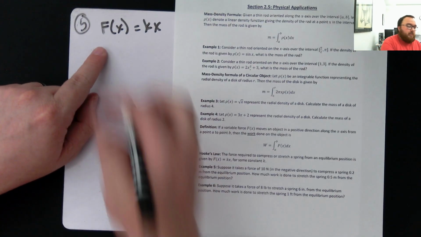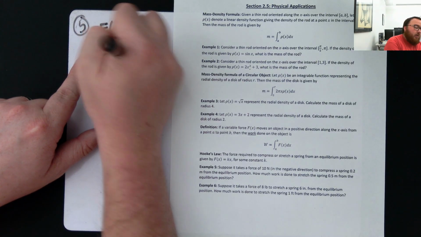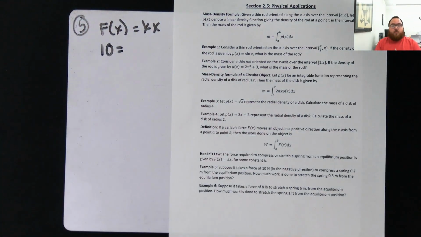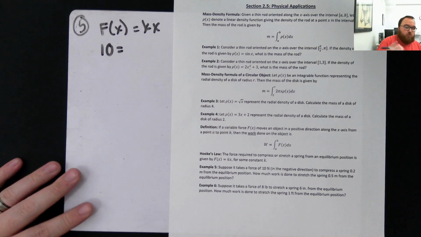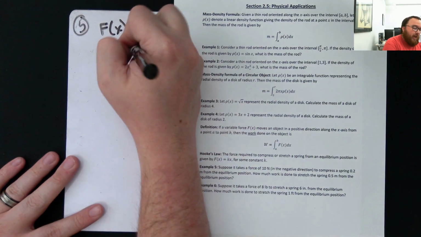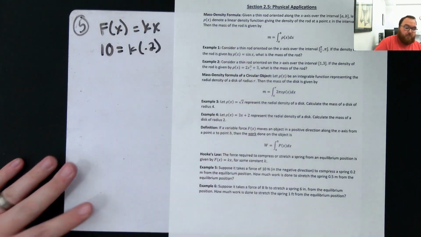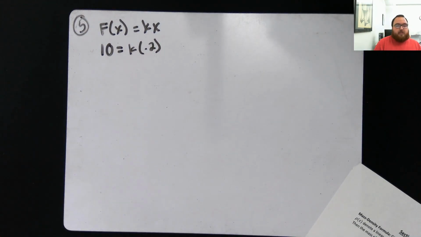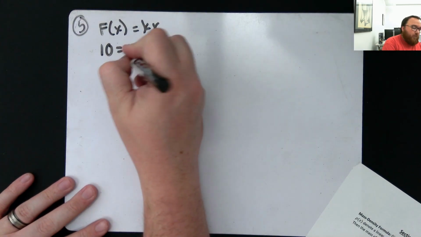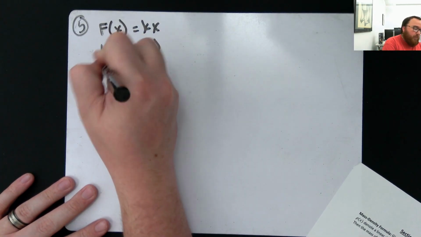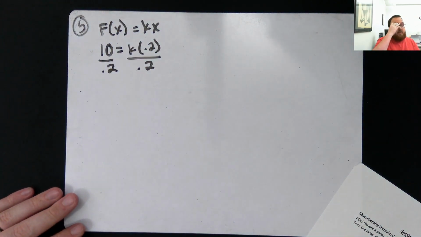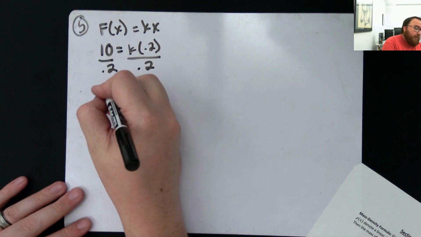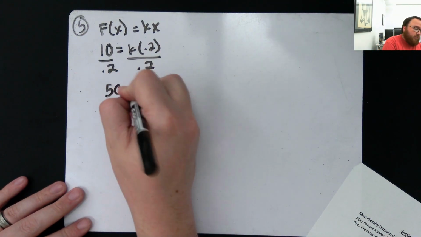So my force is equal to 10 when x, which is how far we want to move it, is equal to 0.2. So 10 equals k times 0.2. That's what I know. Therefore, I can use this and solve it for k. So just divide by 0.2, divide by 0.2. 10 divided by 0.2 is 50.